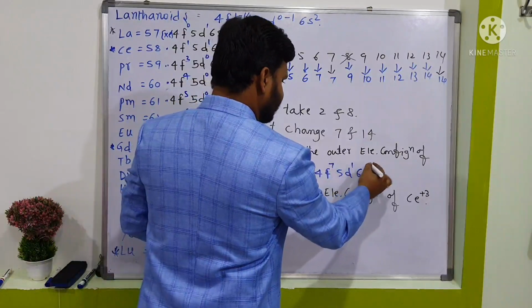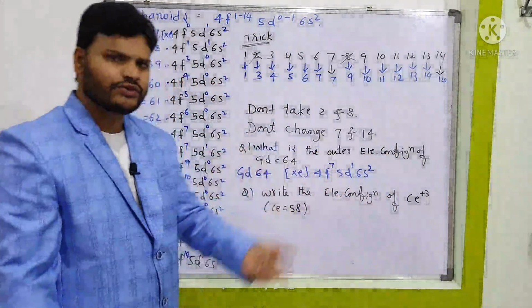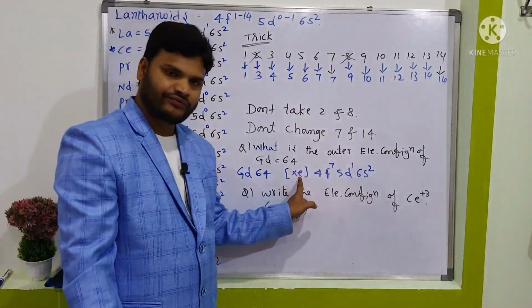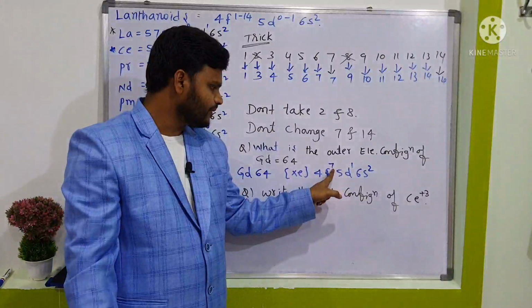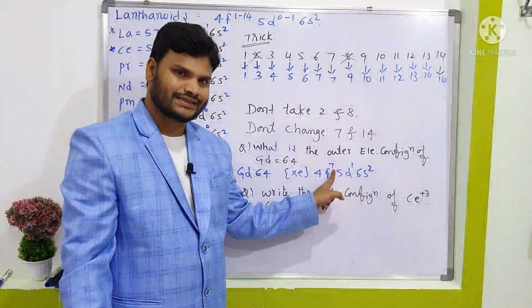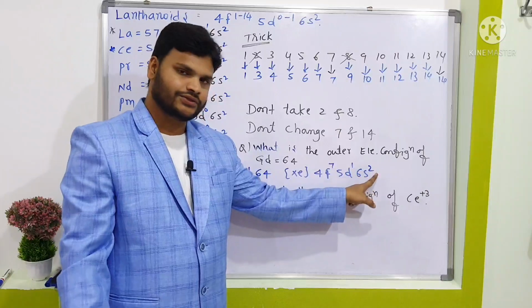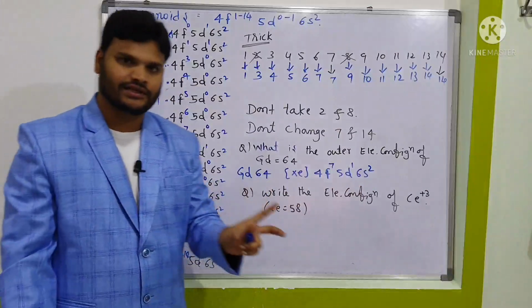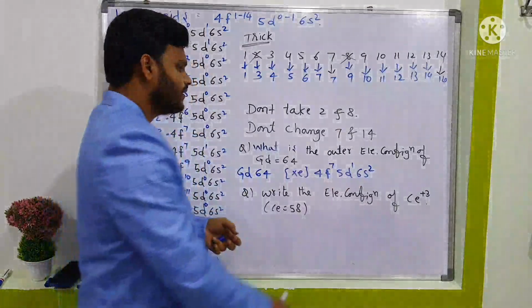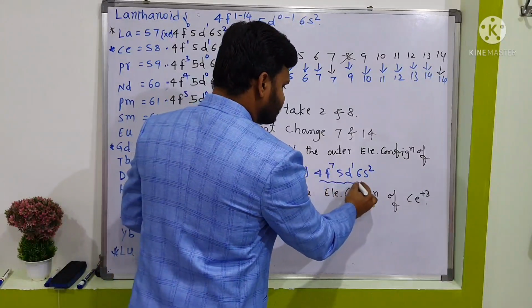Cross check it: xenon 54. 54 plus 7, 61. 61 plus 1, 62. 62 plus 2, 64. Is it clear? So this is the outer electronic configuration.